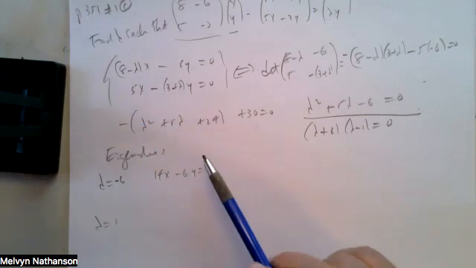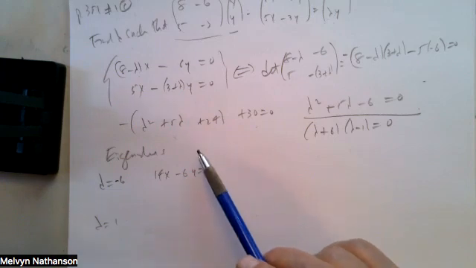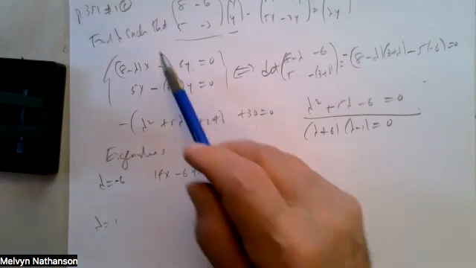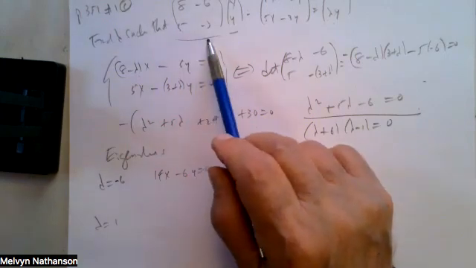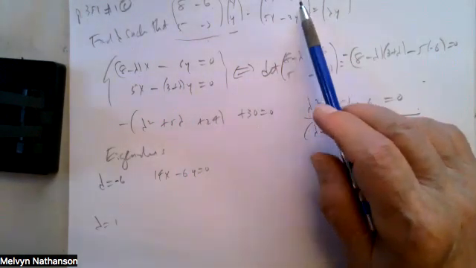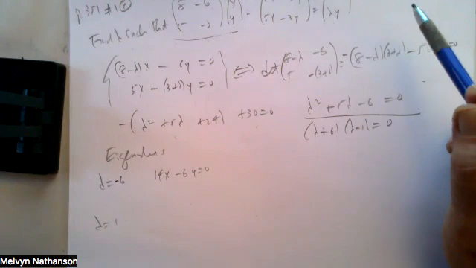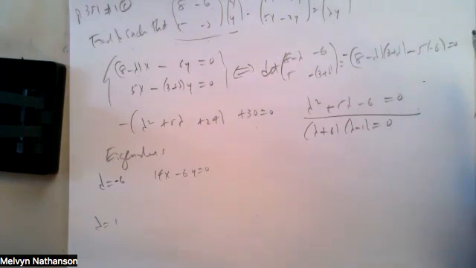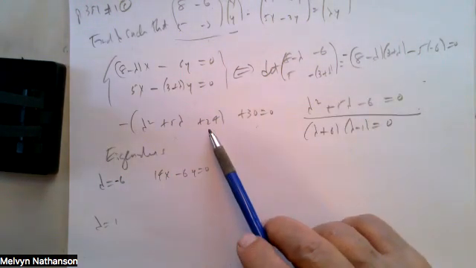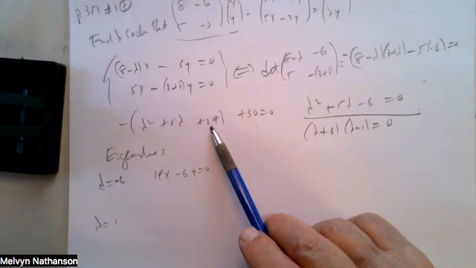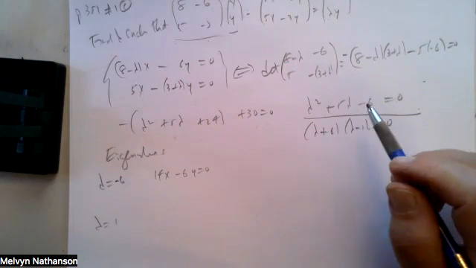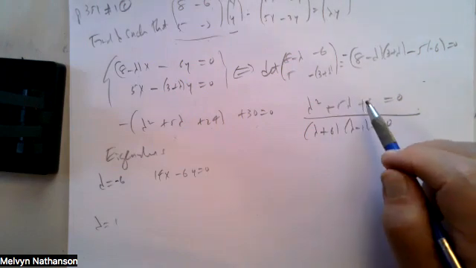So let me check my arithmetic because something doesn't look quite correct here. 8, -6, 5, -3. I think it's plus 6, not minus 6. Yeah, let me just check. So this is minus 24 plus 6.